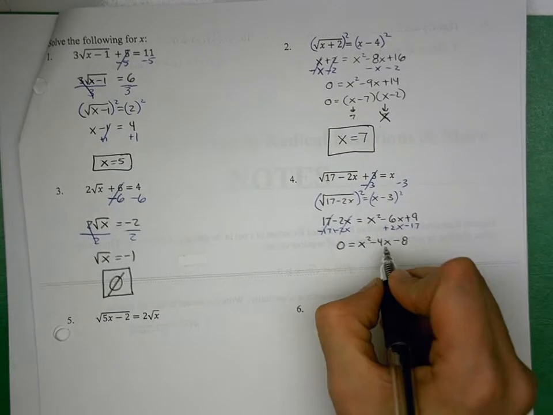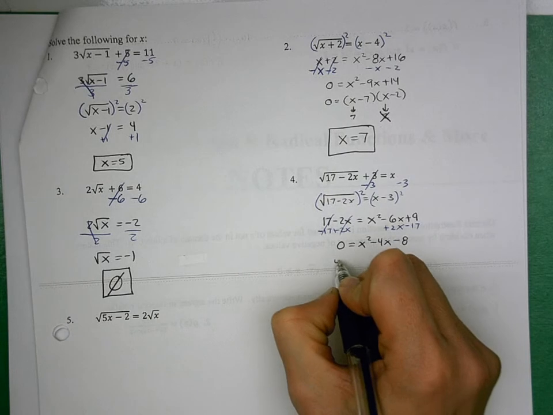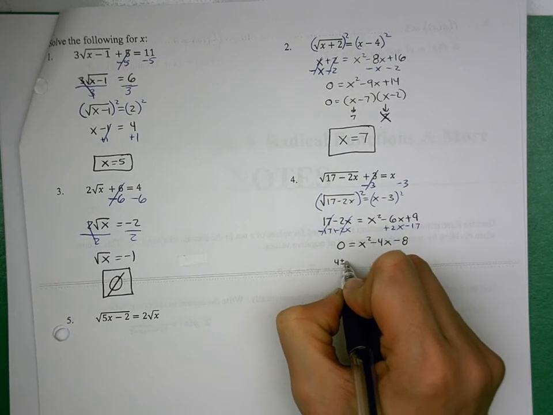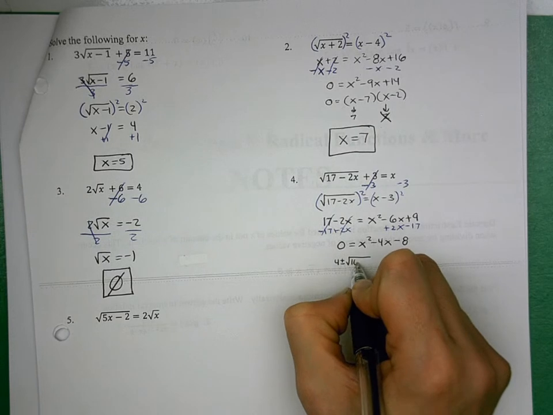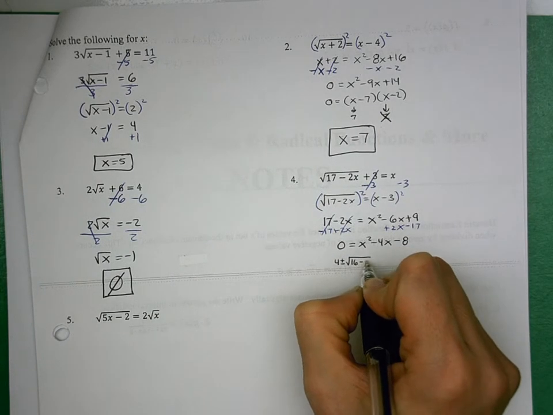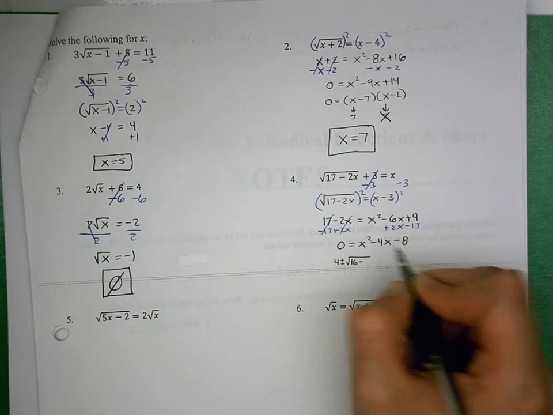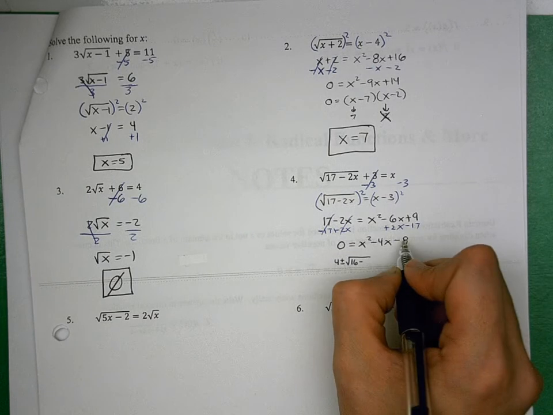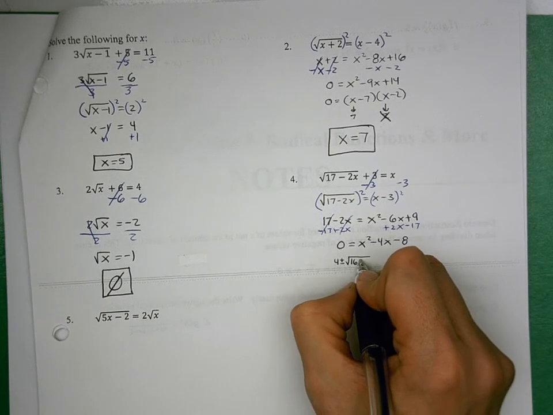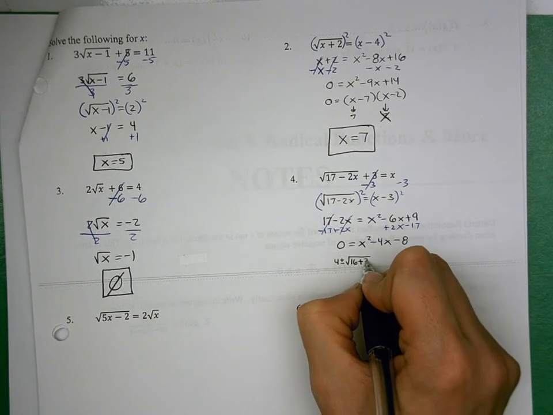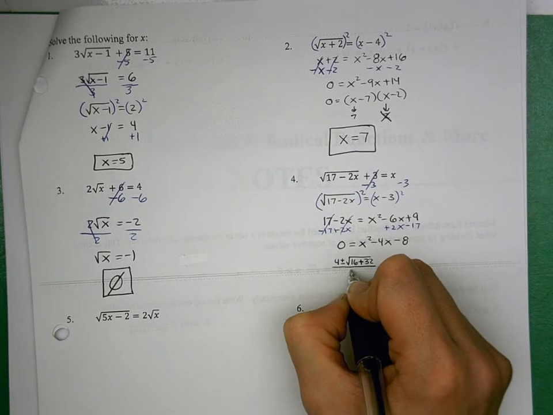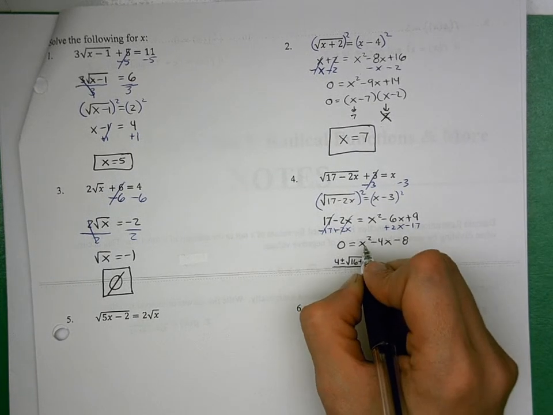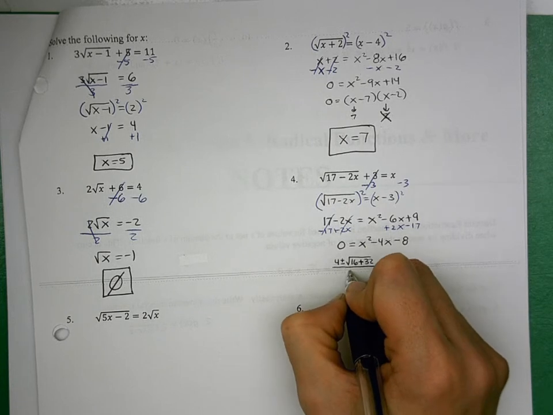So we have negative b, so that'd be 4, plus or minus radical, b squared, negative 4 squared is 16, minus 4 times 1, which is 4, times negative 8, which is negative 32. So this becomes minus negative 32 or plus 32 all over 2a, which a is 1. So 2 times 1 is 2 there.